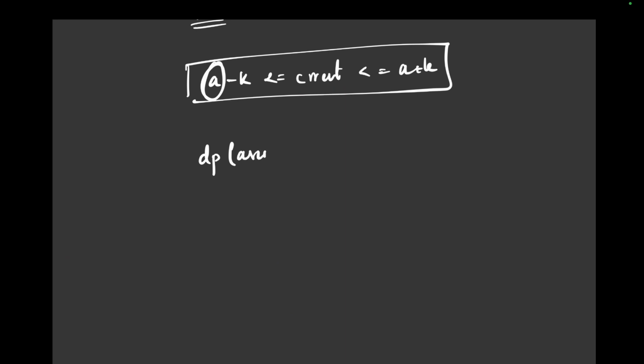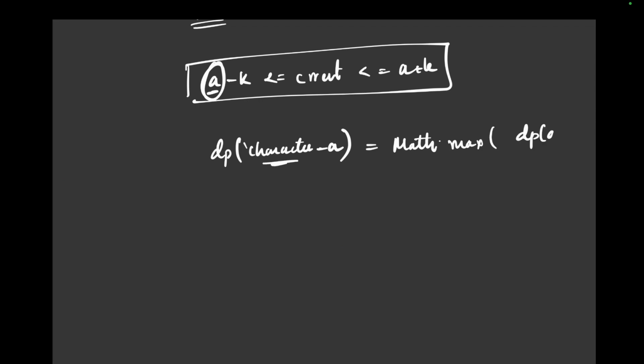So, because we are taking ASCII, or rather we are not taking ASCII, we are taking just a character, right? So dp of character, because we took A as the character, let's say dp of character A is equal to the max of this particular dp of A comma your dp of current, right?